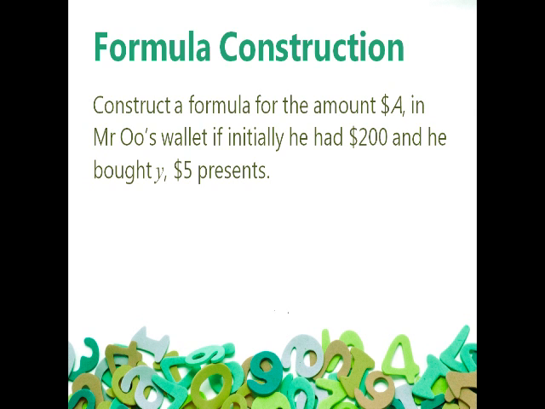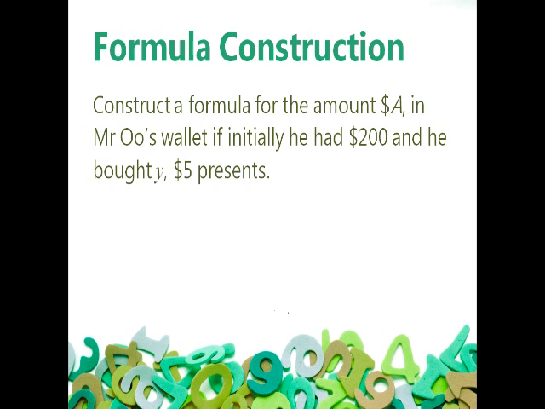So in this case, how are we going to generate our own formula? We know that the amount would be our variable, because that's the total that we want to find out. Initially he had $200, so he would have $200 in his account, and when it's mentioned that he has bought presents, it means that you're going to subtract from the original 200.